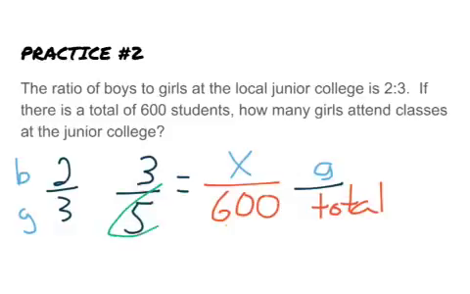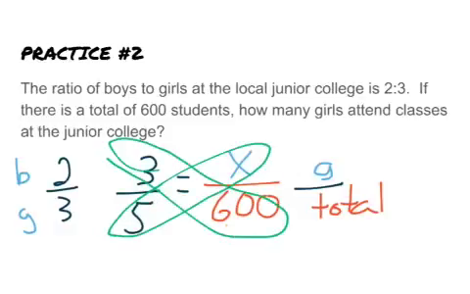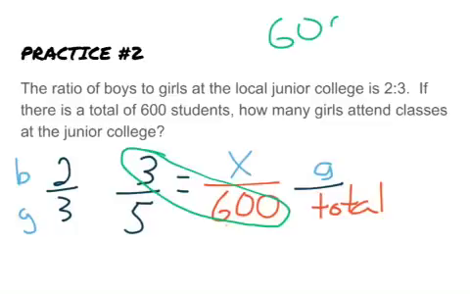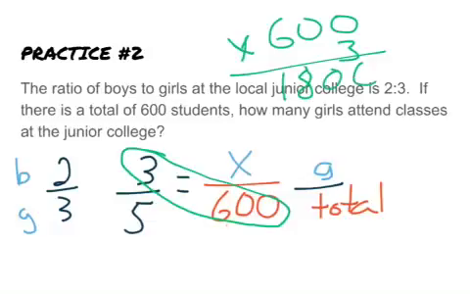Remember, I taught you that the cross products are equal in a proportion. So what we can do for this one is what we call cross multiply and divide. We're going to multiply these two, 600 times 3, and we're going to get 1,800.